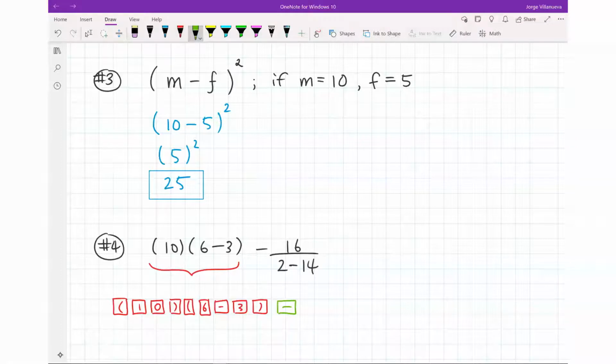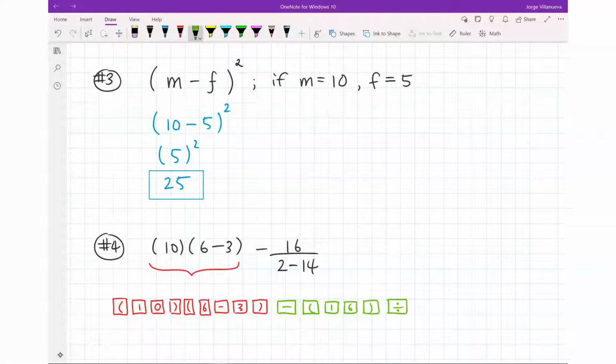Minus. Then you're going to put a parenthesis. I know it doesn't have one there, but remember what I told you guys when I taught this to you. If you ever need to write down a fraction, you have to tell it what the numerator is and what the denominator is, right? So by putting a parenthesis, I'm going to tell it, look, here's something that belongs on top. So here's a 16. I'm going to close the parenthesis, and then I'm going to press division.